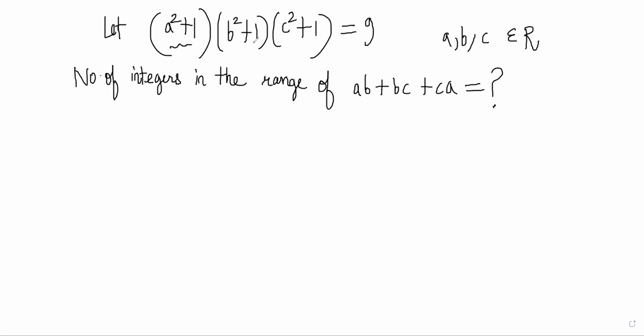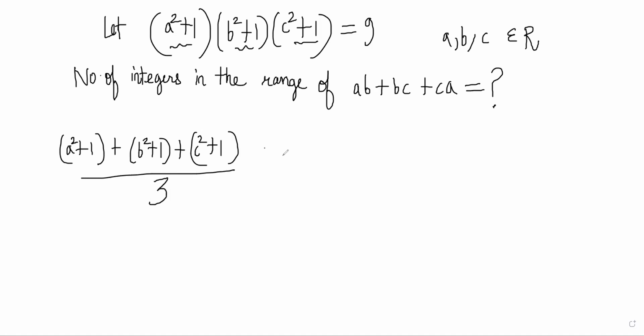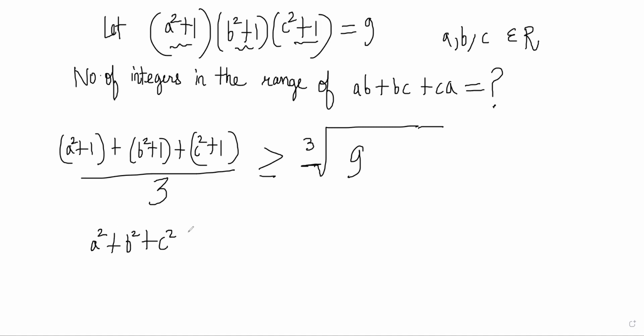All of these three quantities are positive, so we can apply AM-GM. So we can say that (a square plus 1 plus b square plus 1 plus c square plus 1) by 3 will be greater than or equal to the cube root of the product, which is the cube root of 9. So a square plus b square plus c square plus 3 is greater than or equal to 3 times cube root of 9.